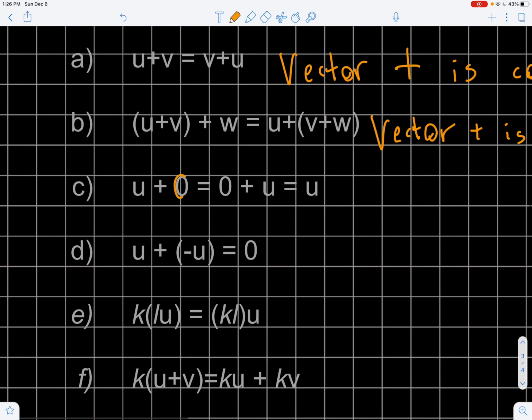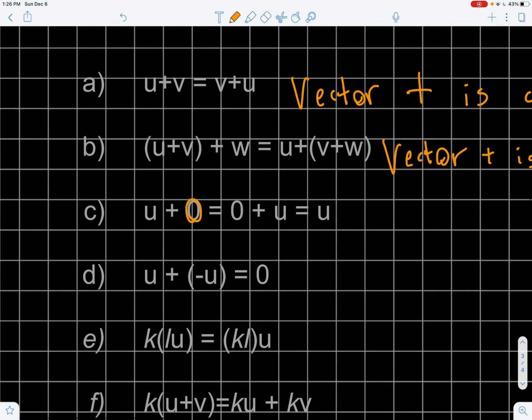Now, u plus 0. What is 0? 0 is the zero vector. It's basically just like a dot. It has no components in any space, 2 space, 3 space, 4 space, 5 space, does not matter. It has 0 length in any direction, which means its direction is undefined. It's just a dot.